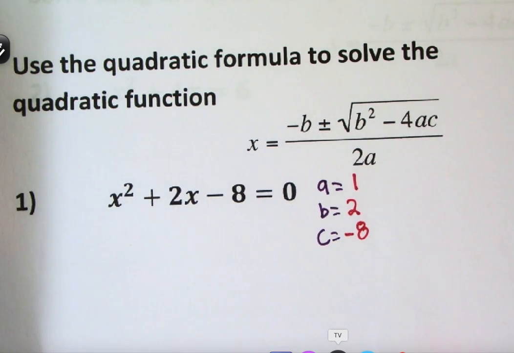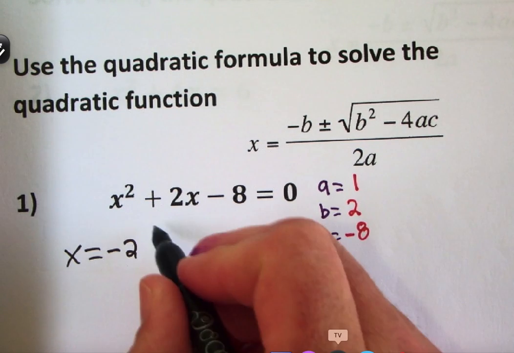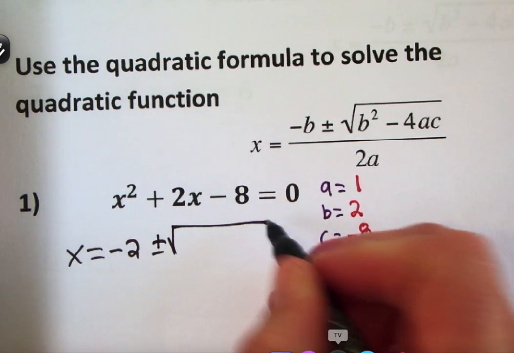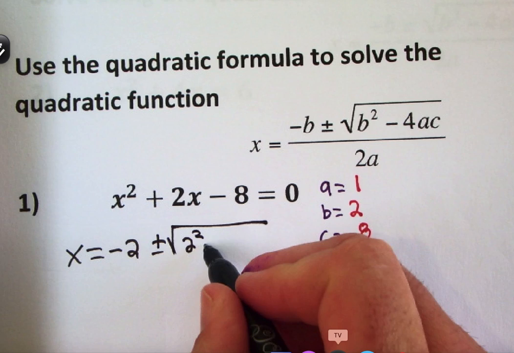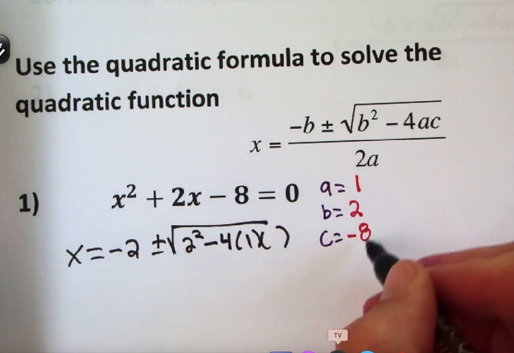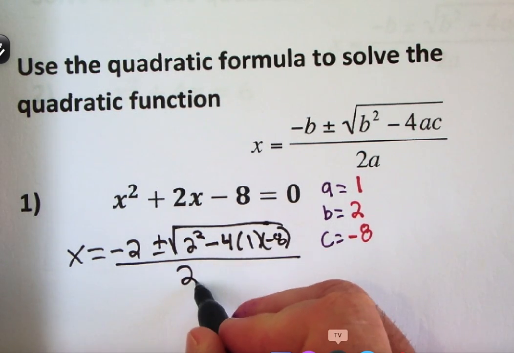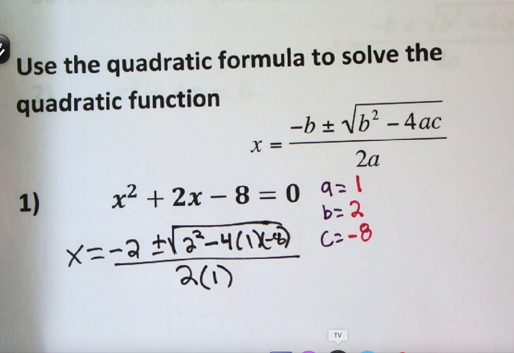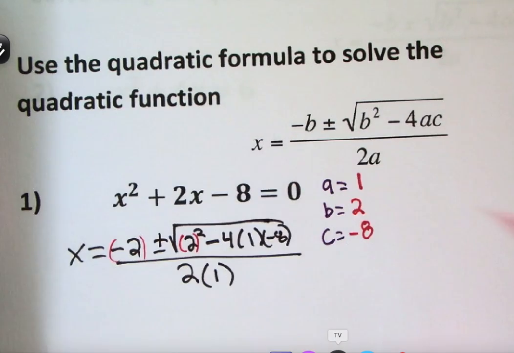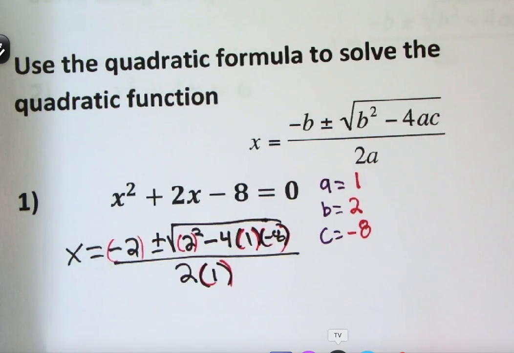All right, once we've identified a, b, and c, it's just substitution. x equals negative 2, that's b, plus or minus the square root of b squared, 2 squared, minus 4 times our a value times our c value, all of it divided by 2 times our a, 1. So we just substituted in a, b, and c.